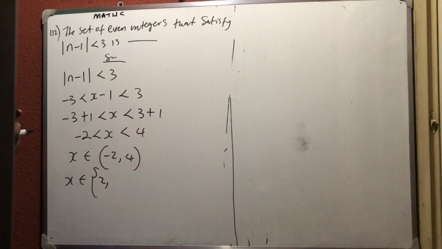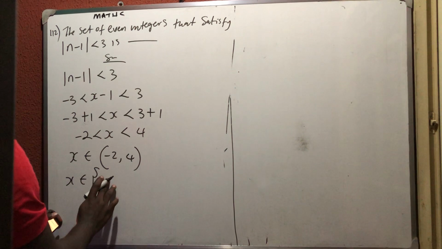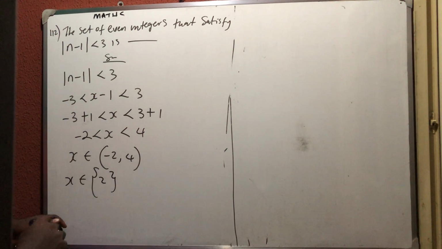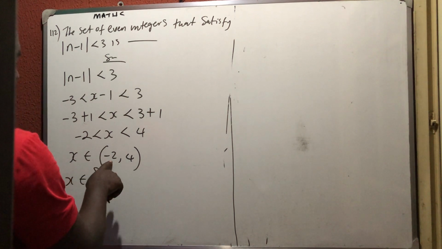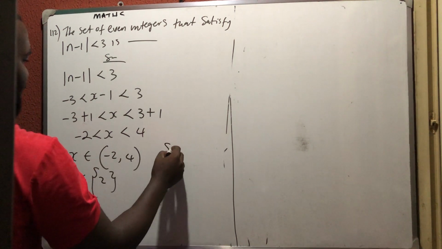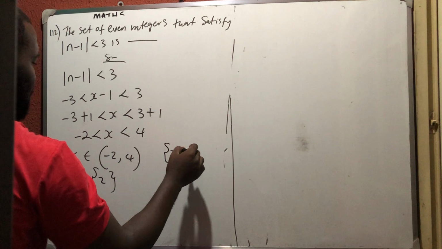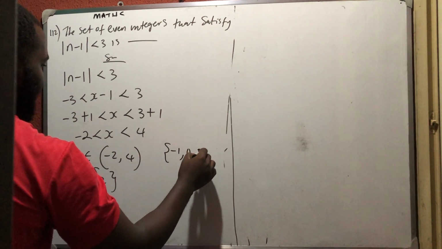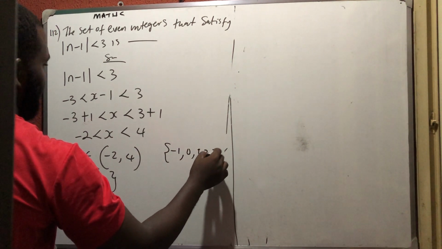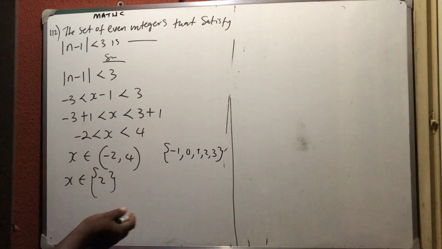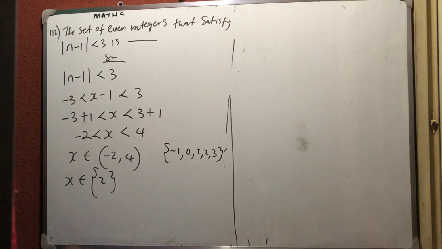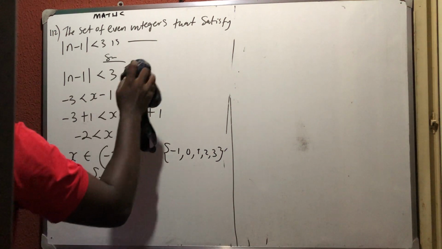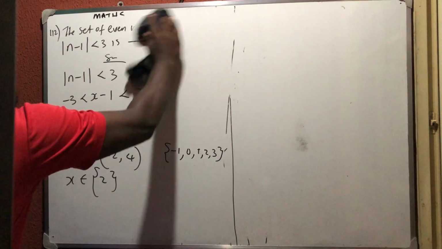Okay, because if you talk about integers here, integers from minus 2 to 4 are minus 1, 0, 1, 2, 3. These are the integers. So the even integer here is only 2. So that is that. Okay, so the answer is not correct there.